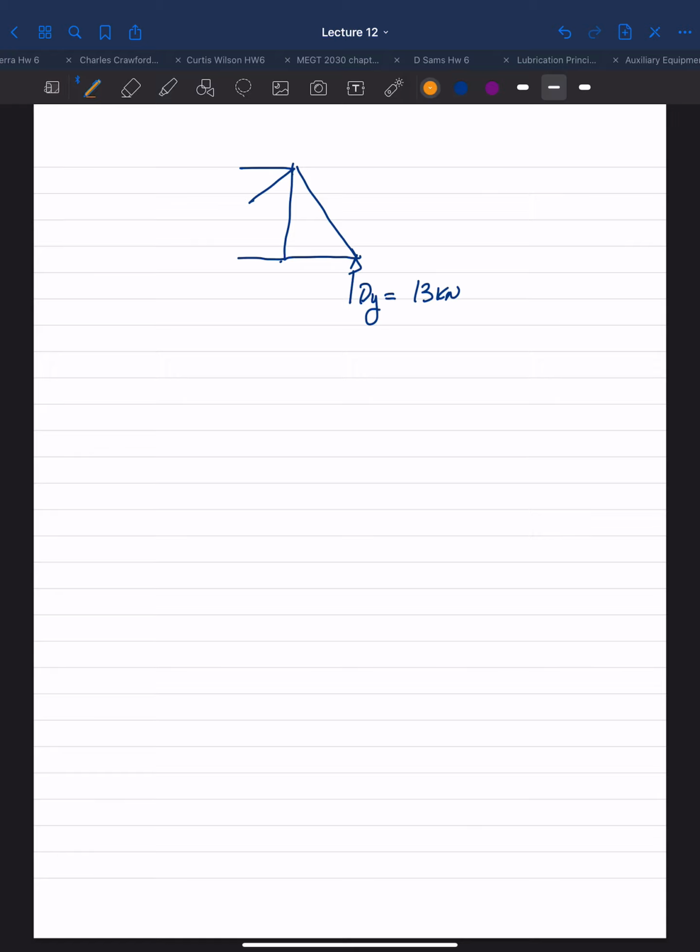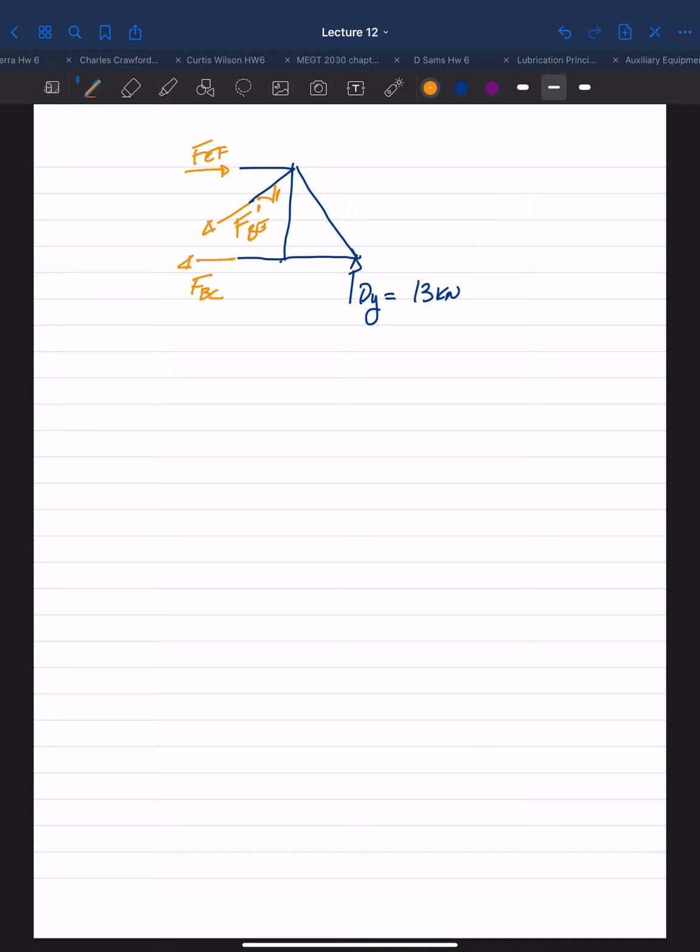So you have your FBC. You have your FBE. And you have your FEF. This slope triangle here, once again, is a square, 3 meters by 3 meters.